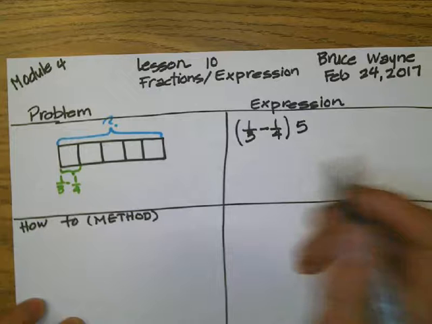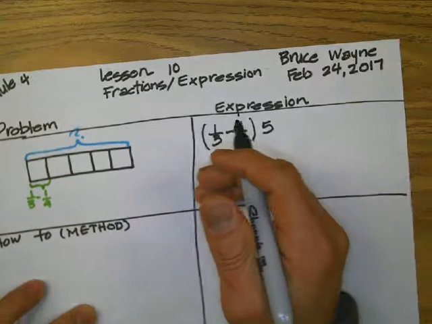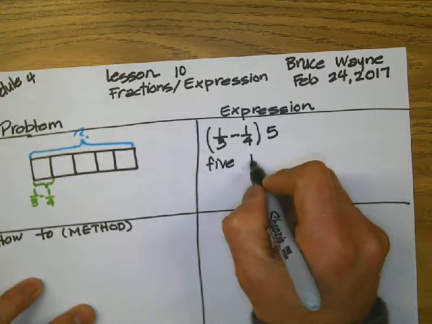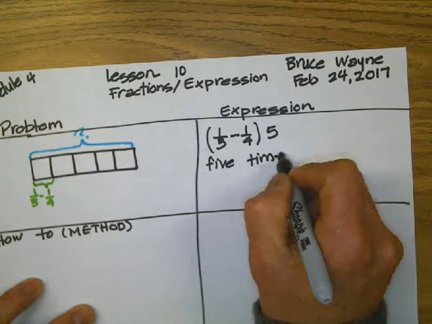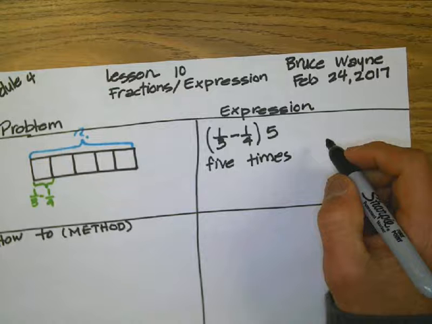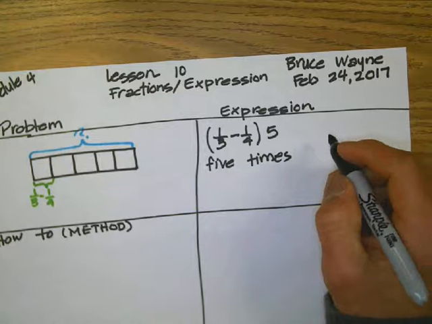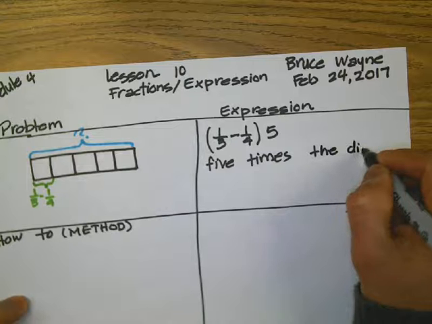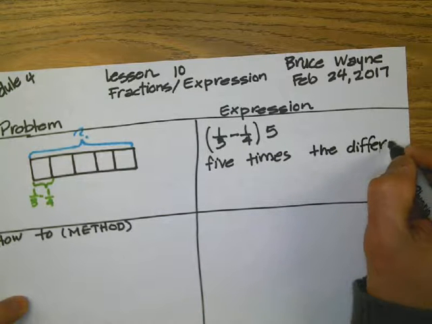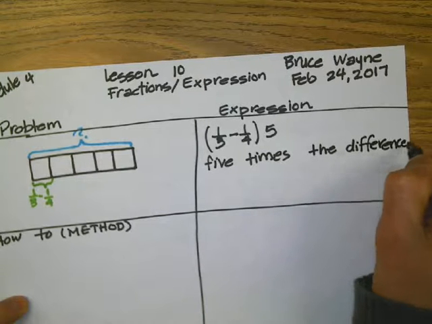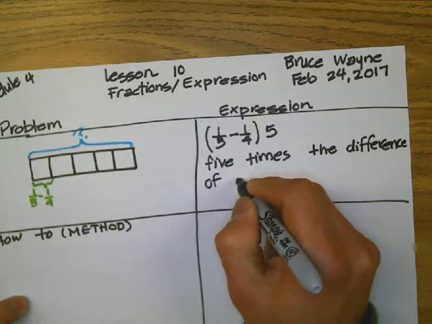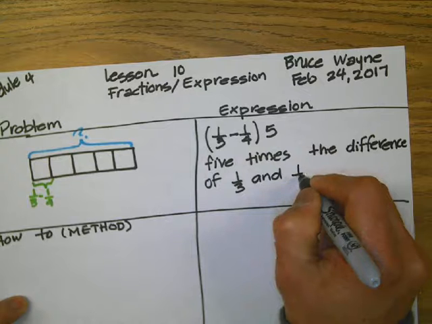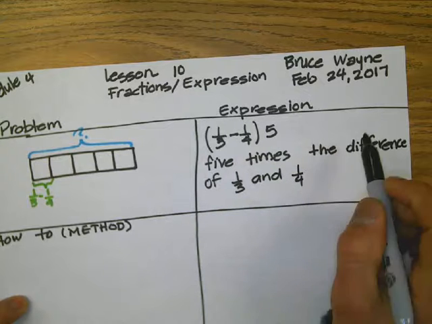We're supposed to write it with words here. 5 times, my friends, the difference of 1/3 and 1/4. And just so you know, to clarify, you know that this is a difference right here.